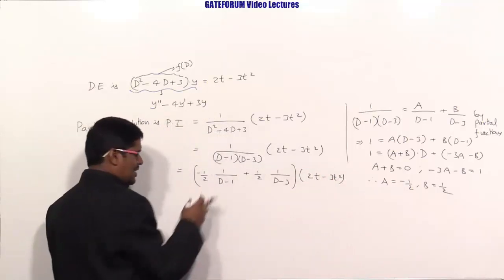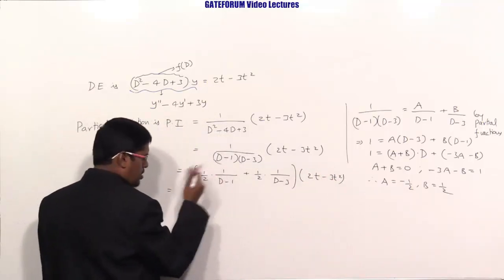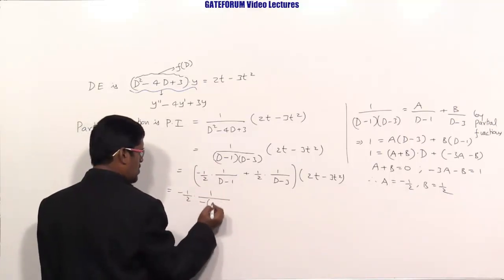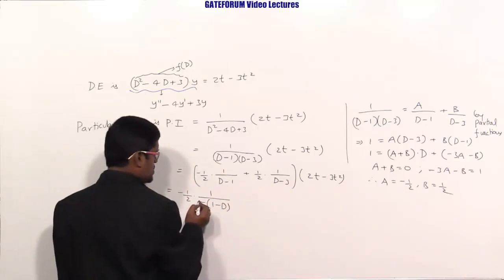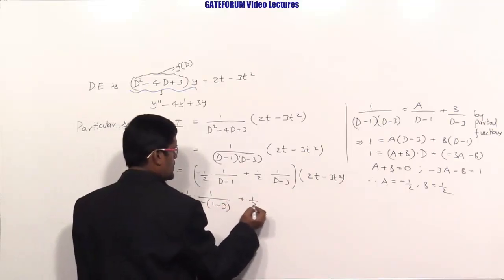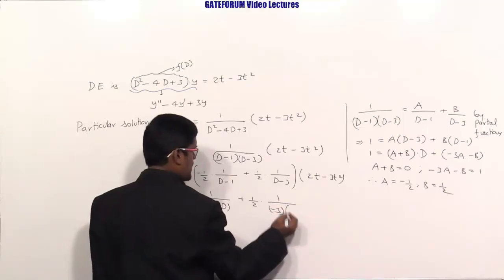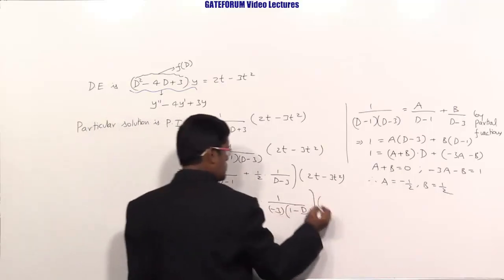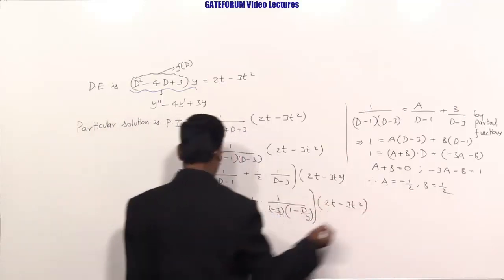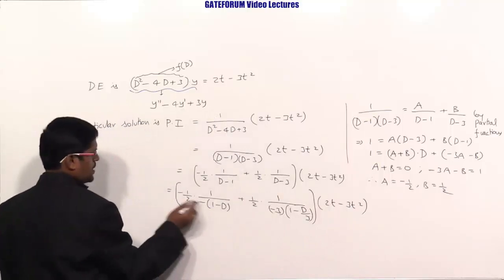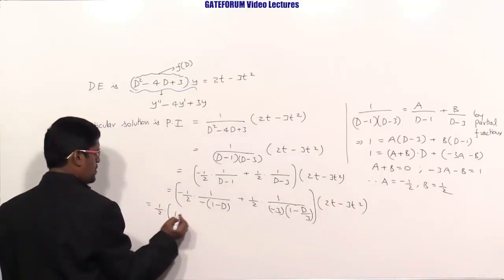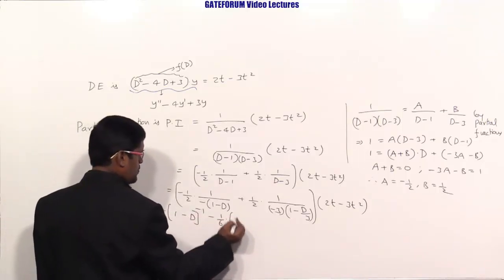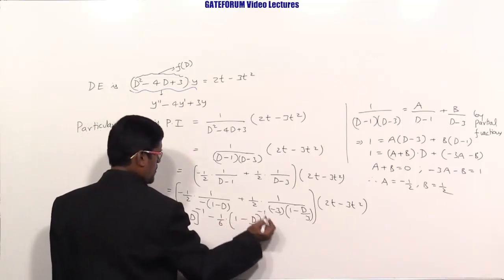Now it is easy to get plus 1 here by taking the constant term, the lowest degree term, outside. Minus half into 1 by minus of (1 minus D), since D minus 1 can be written like this, plus half into 1 by, I can write minus 3 outside, and then (1 minus D by 3). Both are operated on 2t minus 3t square. So the minus 6 in the denominator becomes a negative power: minus 1 by 6 into (1 minus D by 3) to the power minus 1.